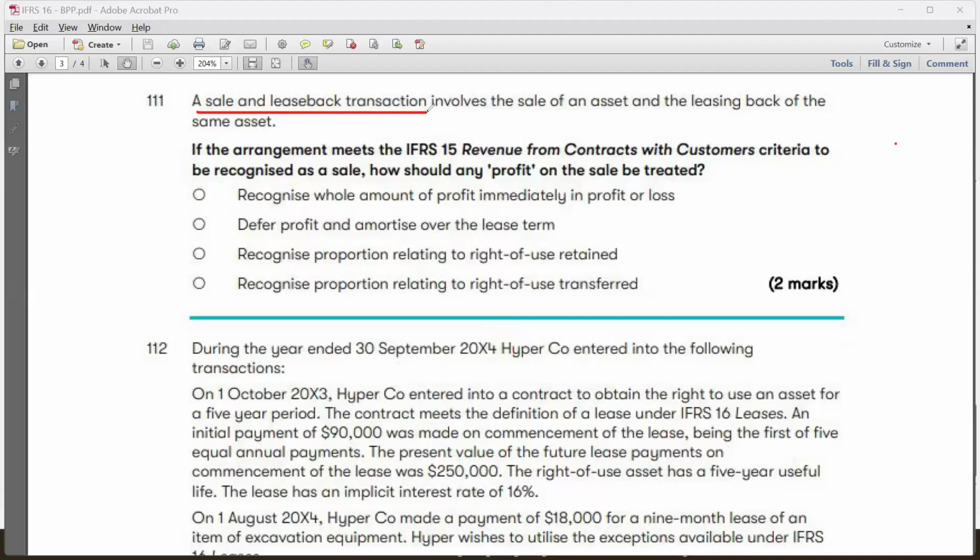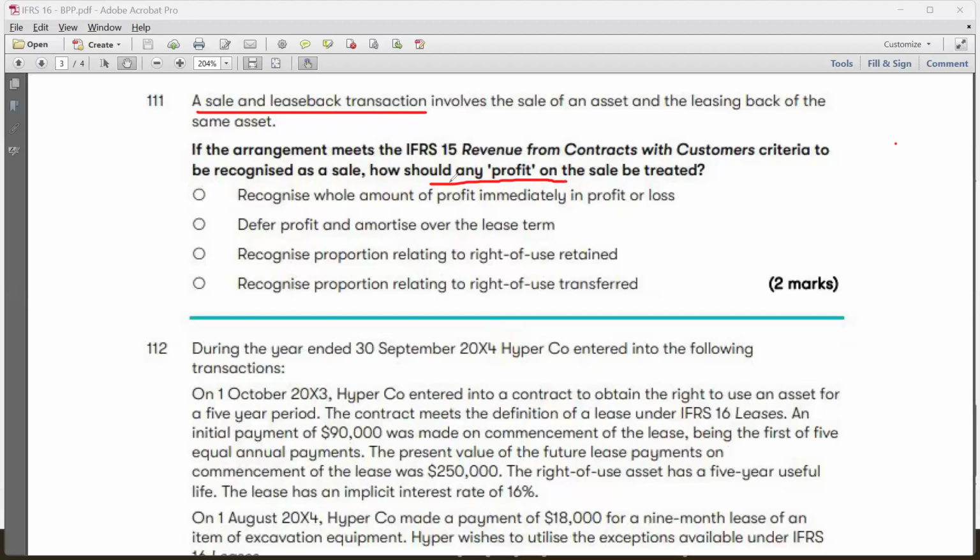So for what portion do we consider the profit? The profit is recognized for the portion that is transferred. So the question is, how should any profit on sale be treated? The profit is always for the portion that has been transferred.